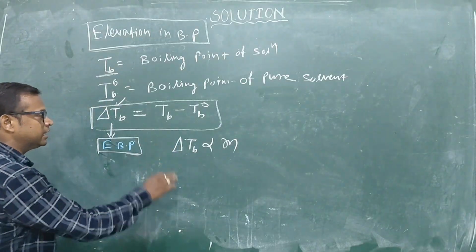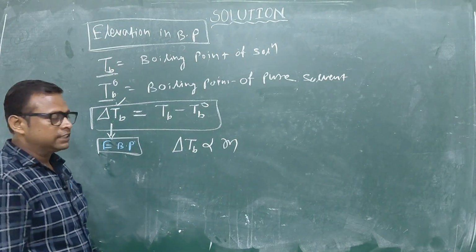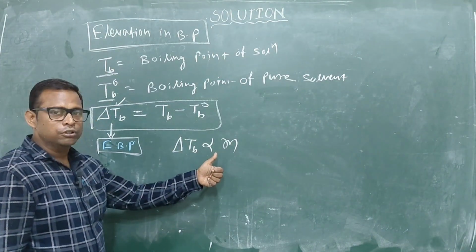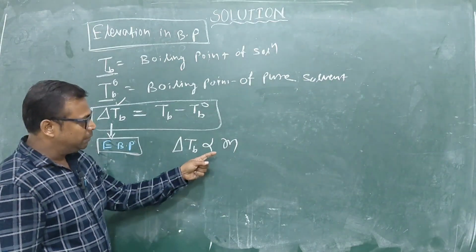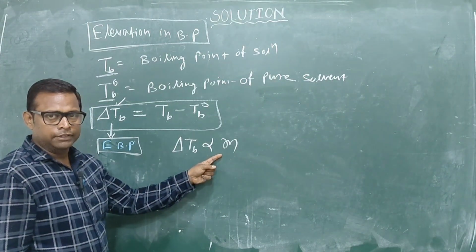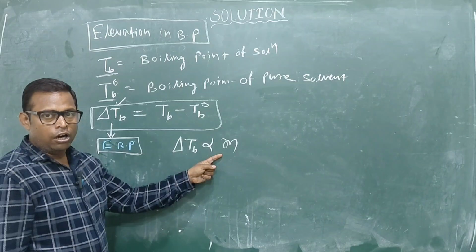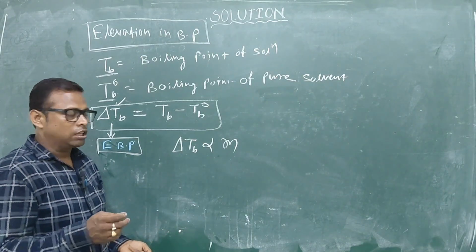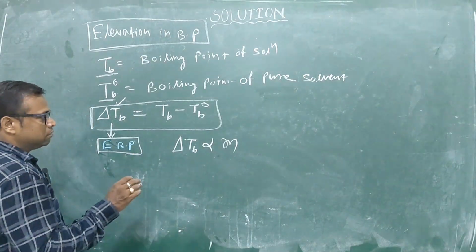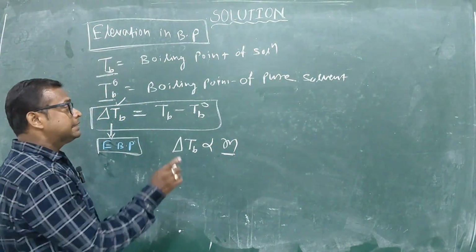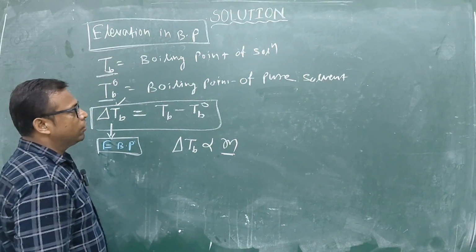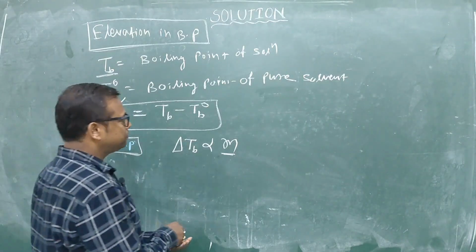Suppose I take molality as the concentration, delta TB is directly proportional to molality. So it is independent of nature and depends on the concentration of solute particles. That's why it is a colligative property.